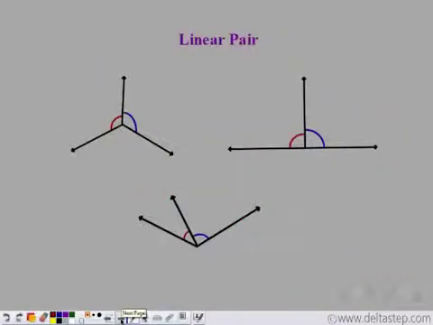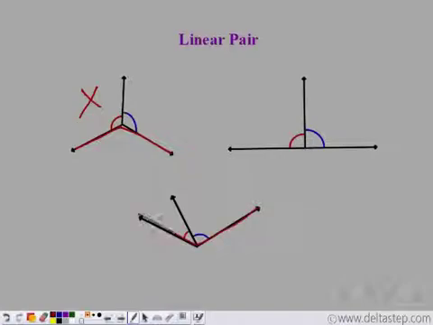Now, which of these three form a linear pair? If we look at this, these are the two angles. This is the common arm. This and this are the non-common arms. They do not lie on a straight line. So this does not form a linear pair. If we look at this, these two are adjacent angles. This is the common arm.